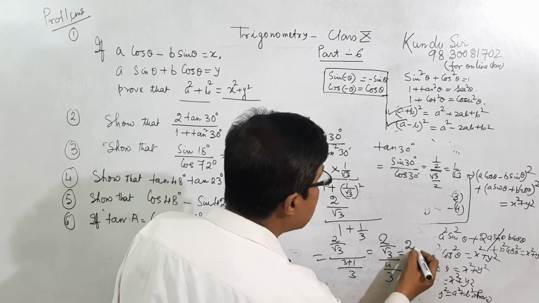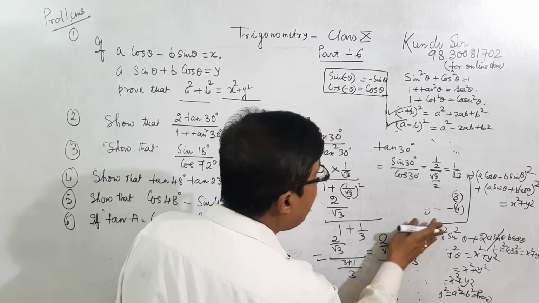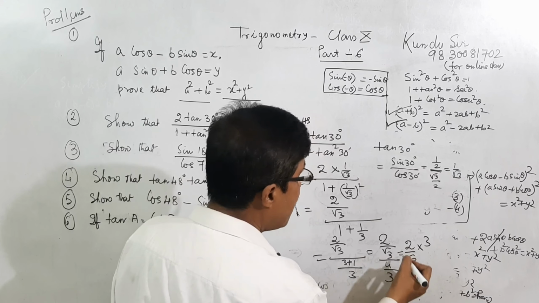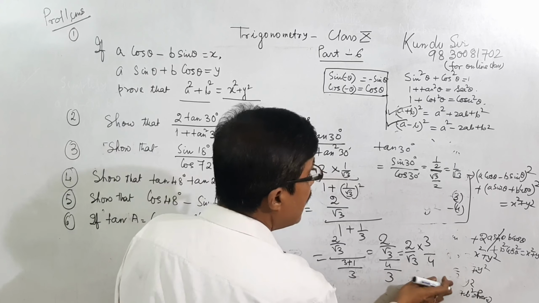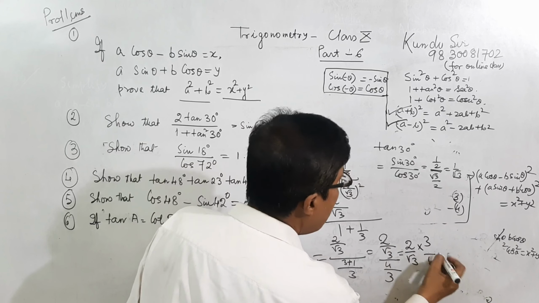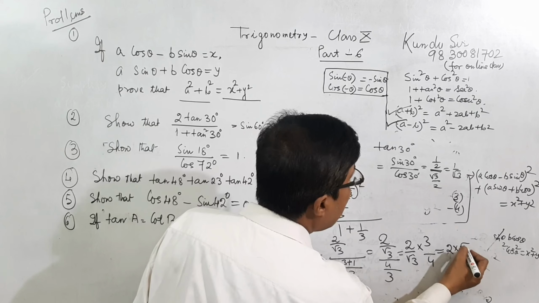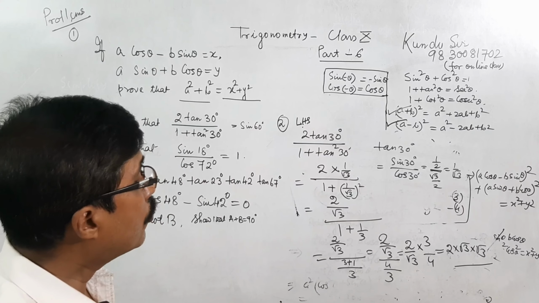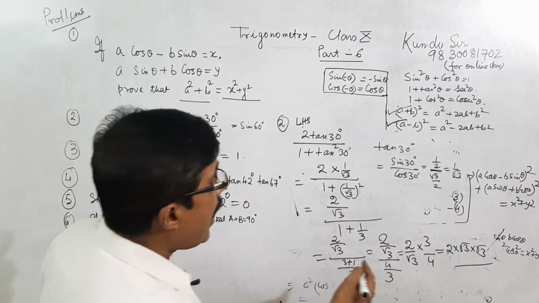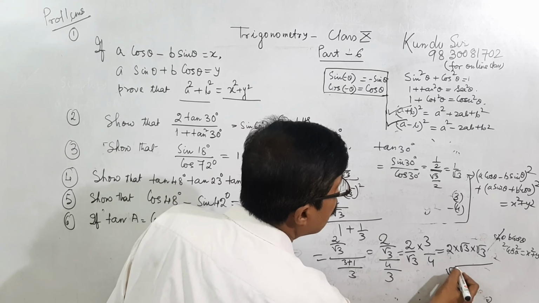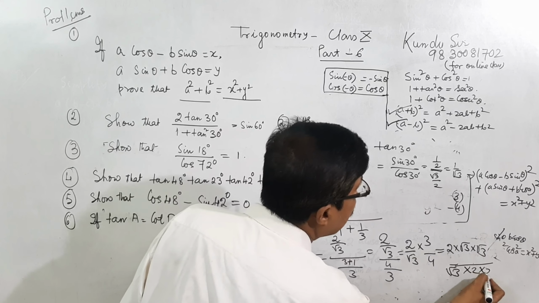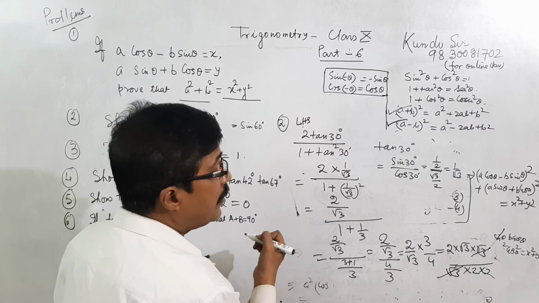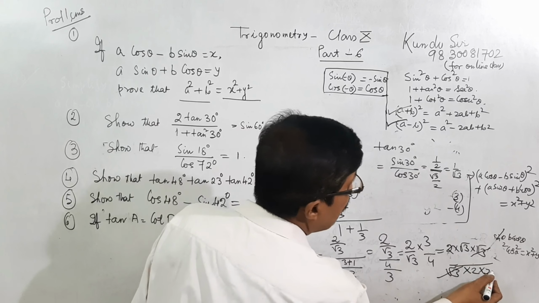Again I am writing 3 as root 3 into root 3, so we can write it as root 3 into 2 into 2. We are cancelling root 3 from numerator and denominator, and 1 by 2.